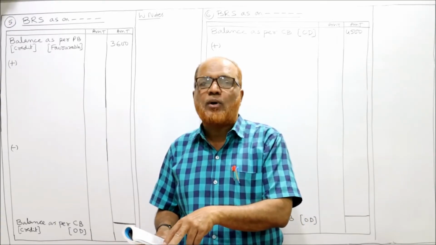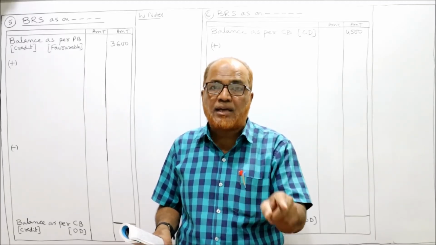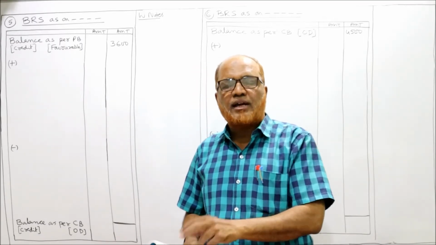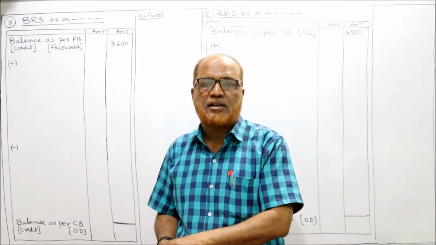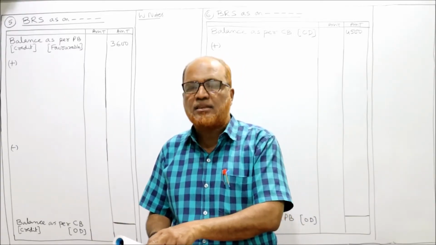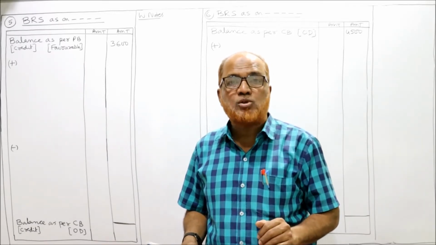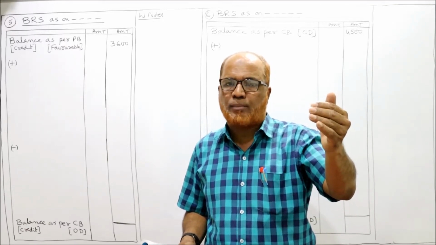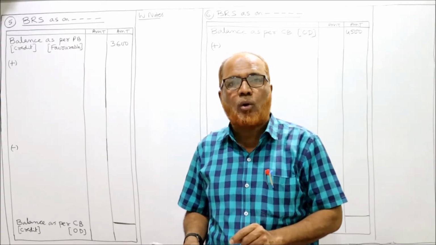If we take the starting point as bank balance as per passbook, 3,600, then finally we should get the balance as per cash book, 10,275. That is credit, and cash book credit means overdraft balance. So passbook is showing favorable, but the ultimate answer for the cash book is overdraft.